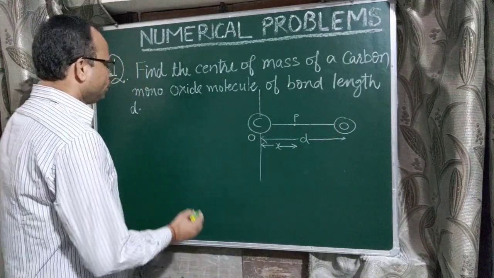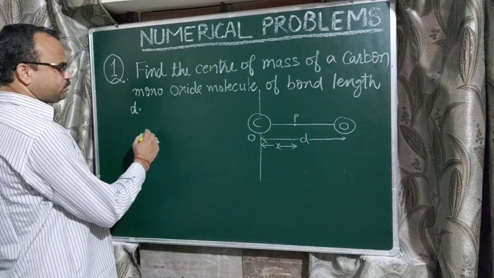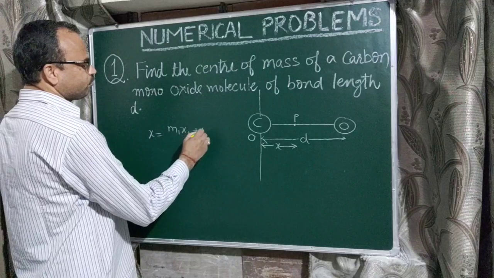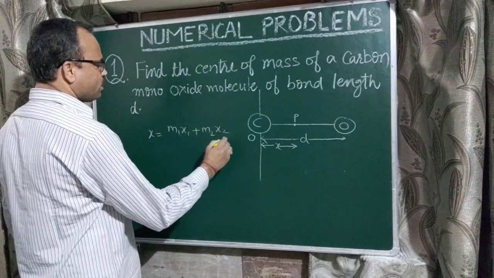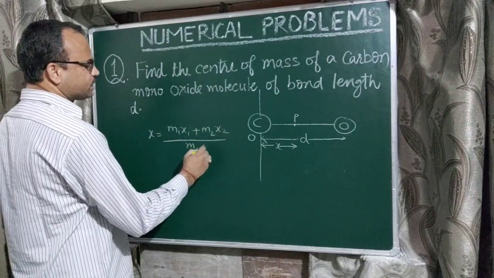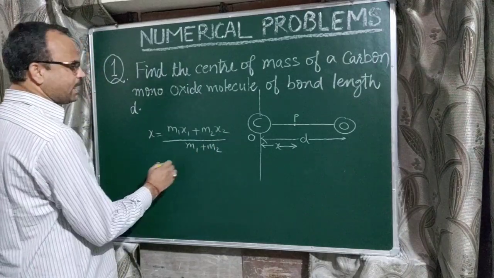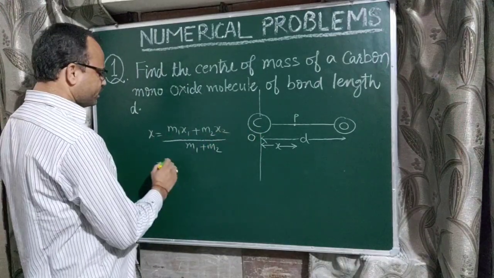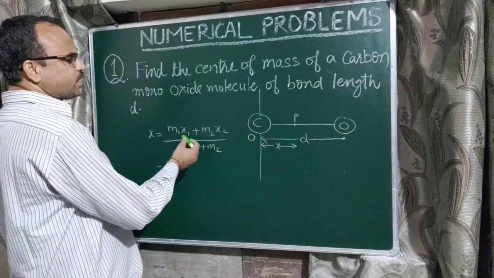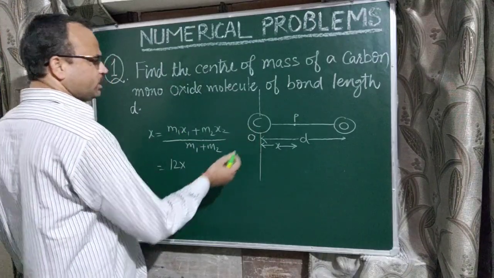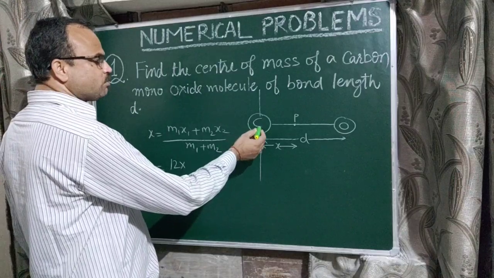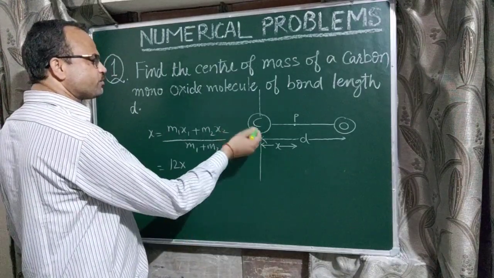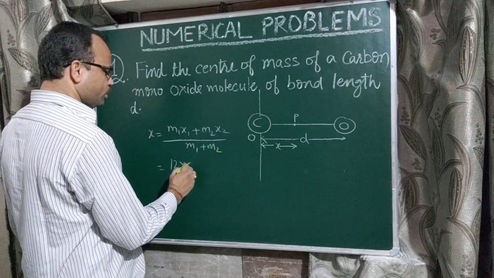As we know, x equals (m1 x1 + m2 x2) upon (m1 + m2). Here m1 is the mass of carbon. As we know, the mass of carbon is 12 gram. Here x1 is the distance of the carbon atom from the origin. The carbon atom lies on this axis, which means its distance from the axis is 0.